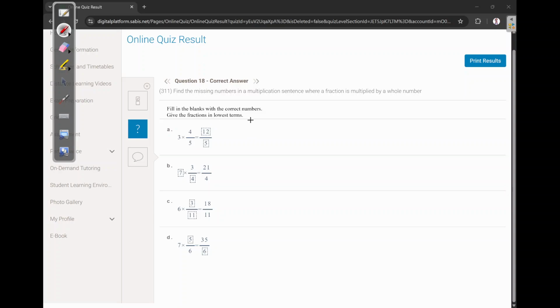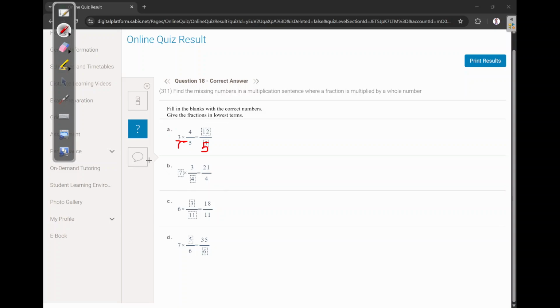But if we cannot simplify it, then we do not simplify it. 3 times 4 equals... first you have to make it a fake fraction. The denominator is 5, and 3 times 4 equals 12.